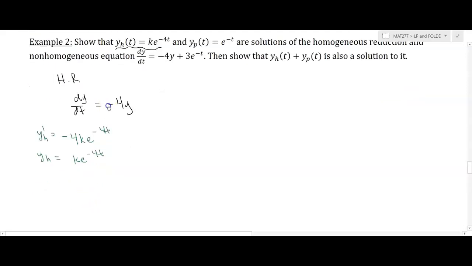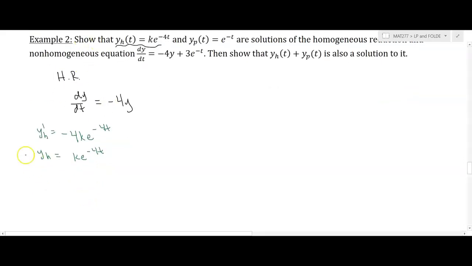And if I now plug those two functions in, for the left and for the right, the derivative, negative 4k e to the negative 4t, I want to see, does that equal negative 4 times y? Well, y is k e to the negative 4t. And if I just remove the parentheses, you see that, in fact, these two sides are equal, and therefore y sub h is a solution to the homogeneous reduction.